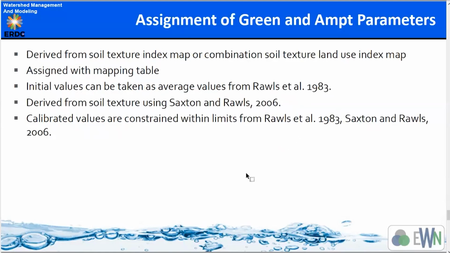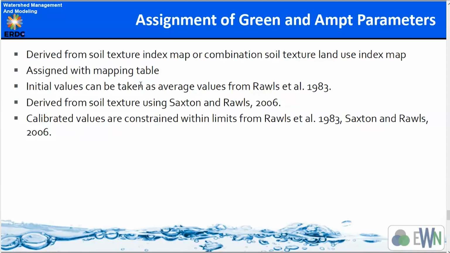So to put in your Green and Ampt parameters, they're derived from the soil texture map, or a combination of soil texture and land use. The land use can affect the soil texture properties by breaking down the soil matrix. Like if you plow it or drive on it or various untoward activities, you can change the soil matrix, and you change the properties of the soil.